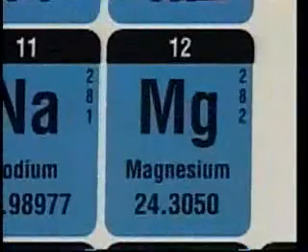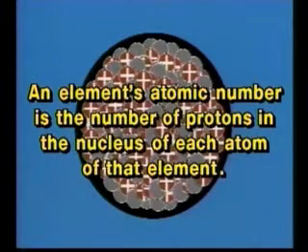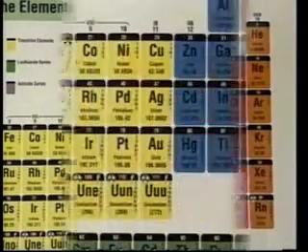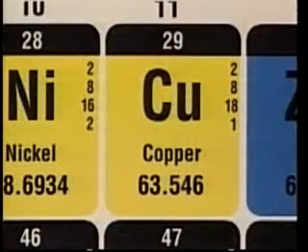To refresh your memory, once again, what is an atomic number? An element's atomic number is the number of protons in the nucleus of each atom of that element. Once reorganized, the table was more efficient, as elements with similar properties fell into logical order.